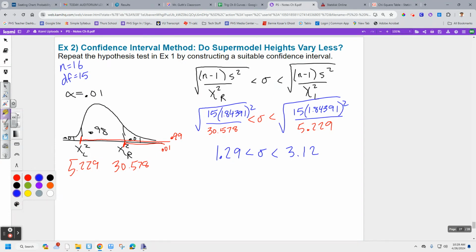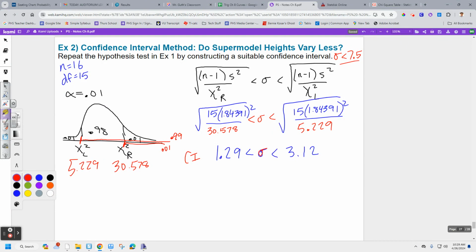So now we've got to interpret what that means. Well, remember what we were originally wondering was if that sigma was less than 7.5. That was our claim. So the confidence interval here is telling me that we're pretty confident that your sigma is in between 1.29 and 3.12.